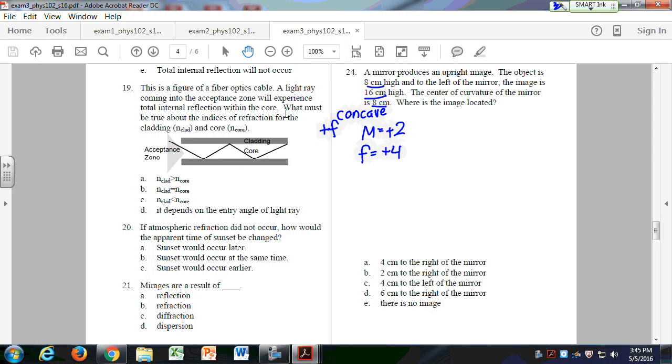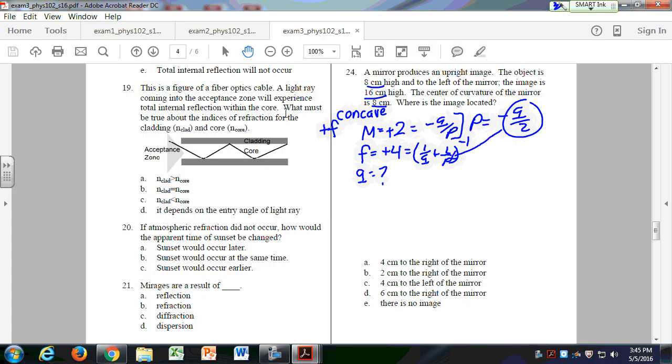Okay? And then I want to know what is Q. Well, this is all I really know. So magnification is equal to negative Q over P, and this is equal to 1 over Q plus 1 over P, the inverse. And then I have to solve this system of equations for Q. In order to do that, I'll take this one and say P is equal to negative Q over 2. Then I take this and plug it in here.